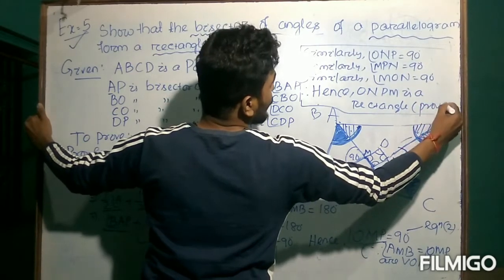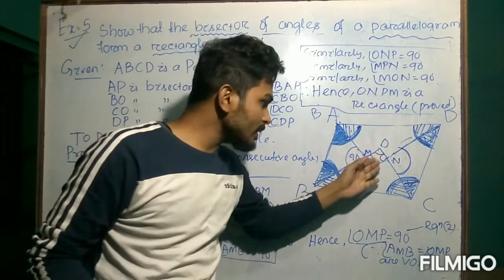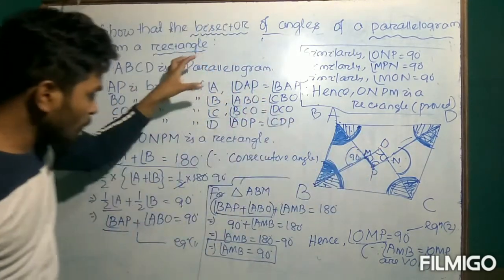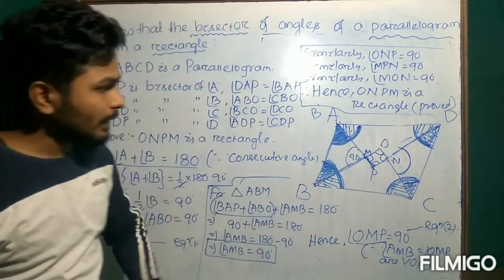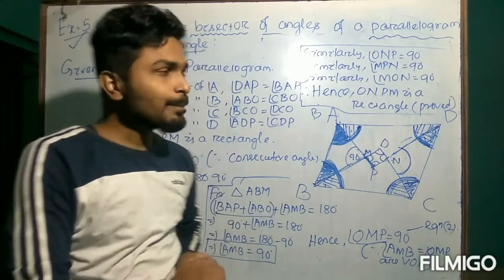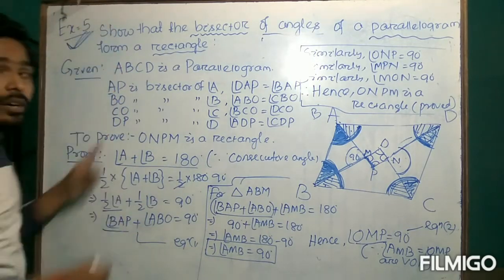Hence it is. Okay, do you understand this? Why we found that each angle is 90 degrees? You have to follow this procedure in order to find each angle is 90 degrees. Then it will be a rectangle. Okay, it is clear. But you have to just remember this statement. Do not forget this statement.